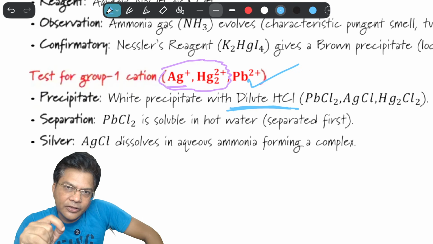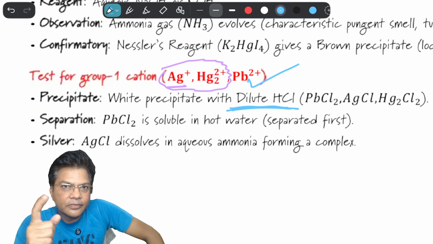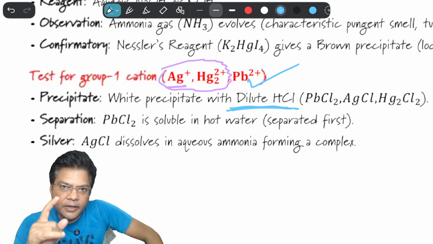So if something precipitates on adding dilute HCl, it indicates that either lead Pb2+, Ag+ or Hg2 2+ is there, but for us only Pb2+ is there.